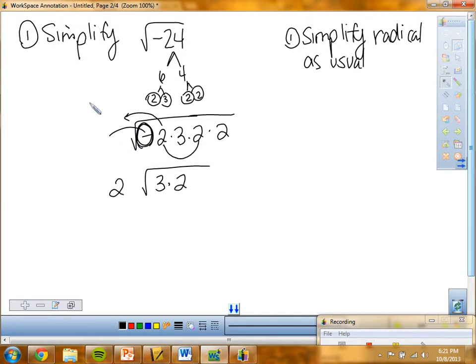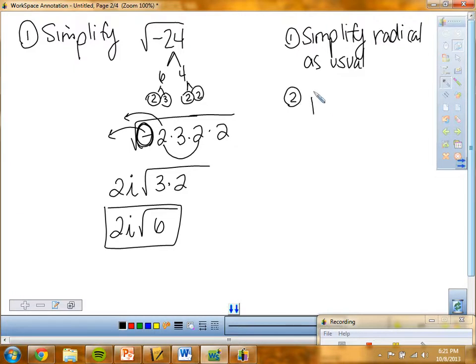But to let everyone know that I had a problem originally, I just draw a little cursive i to let everyone know, hey, this was negative, but we don't care. We're going to imagine that it was regular. So then I get 2i radical 6. So really my second step is simplify as usual.